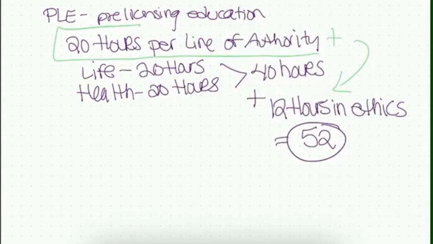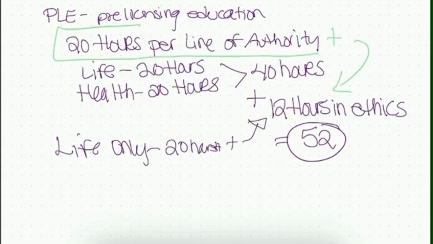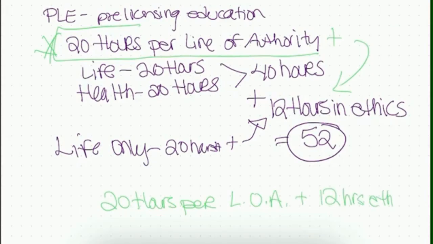And if you were just taking life only, you would have to do 20 hours plus the 12 hours in ethics, health only, etc. So pay attention to how the question is worded. 90% of the time, the answer they're looking for is that one, 20 hours per LOA, line of authority, plus 12 hours in ethics. Write that down, make a flashcard, be comfortable with that.